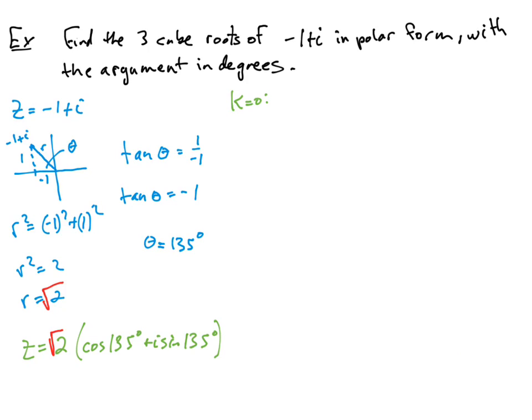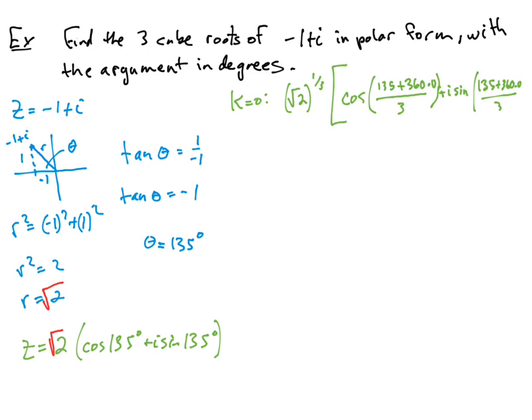So k equal to 0, we're going to have square root of 2 raised to the 1/3 power times cosine of, we start with our angle theta plus 360 times k, and our k value here is 0, and we divide that by whatever the n value is, which is 3, plus i sine of 135 plus 360 times 0 divided by 3. And then we simplify this.